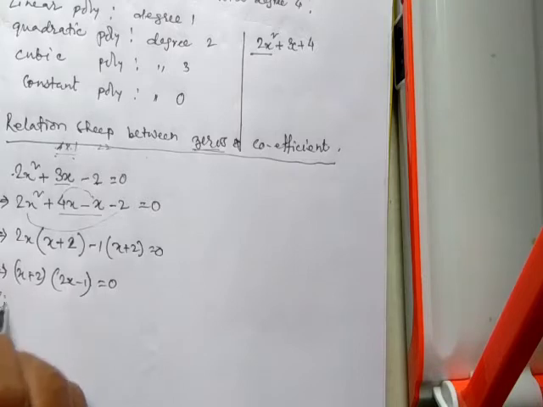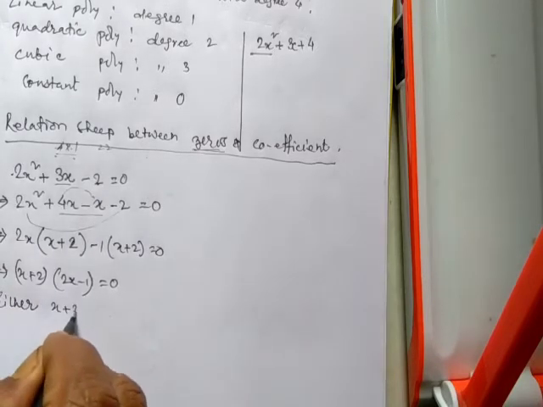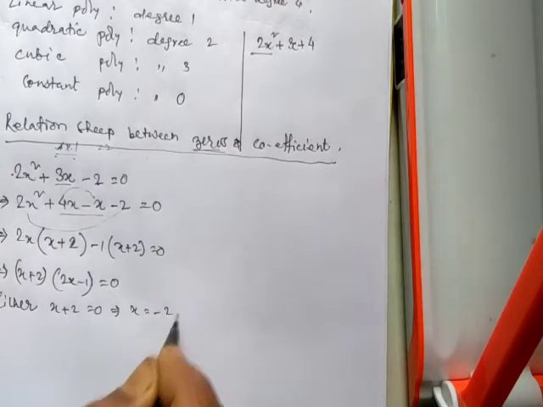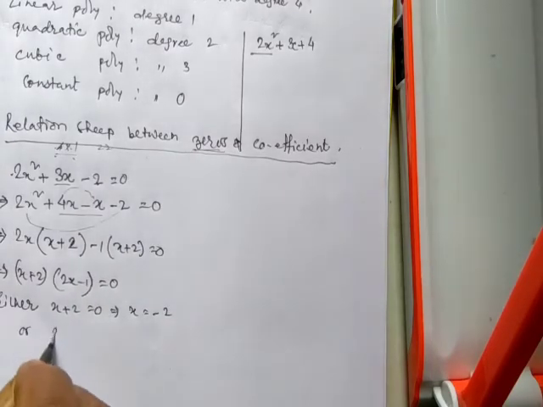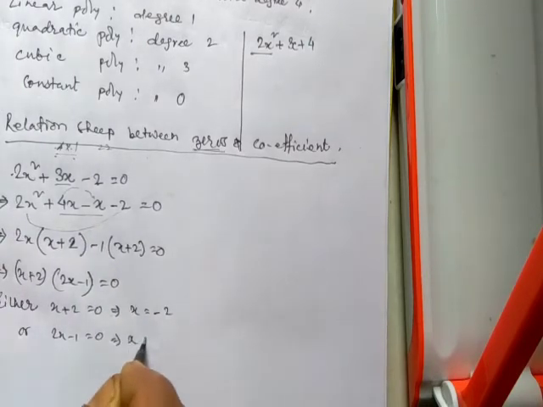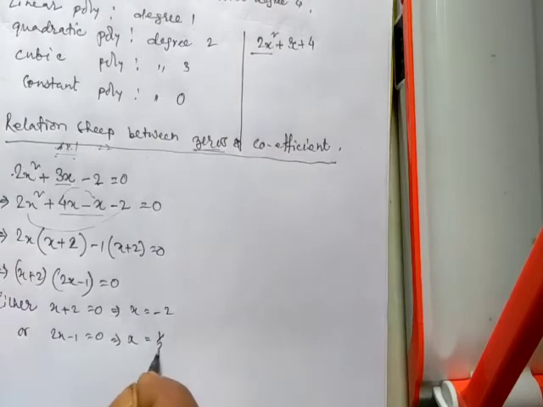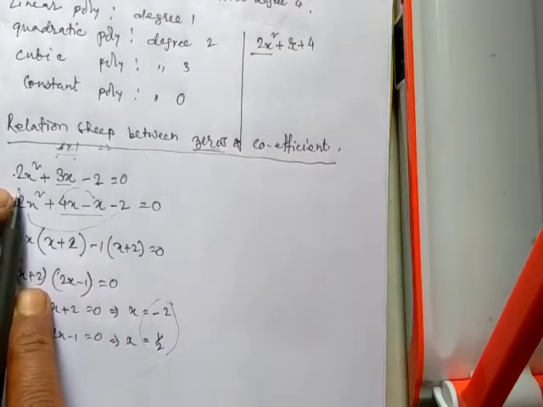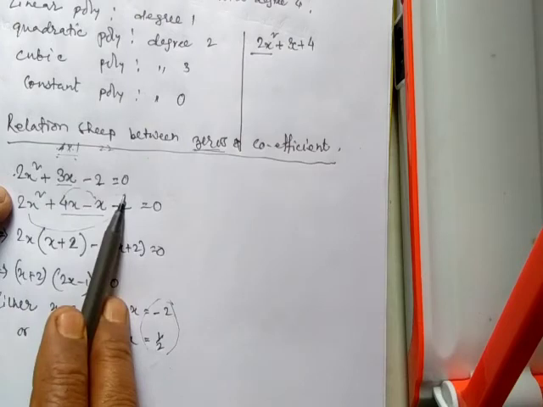Therefore either x plus 2 is equal to 0, which implies x is equal to how much? Minus 2. Or 2x minus 1 is equal to 0, which implies x is equal to half. So these two are zeros of this polynomial, of this equation.